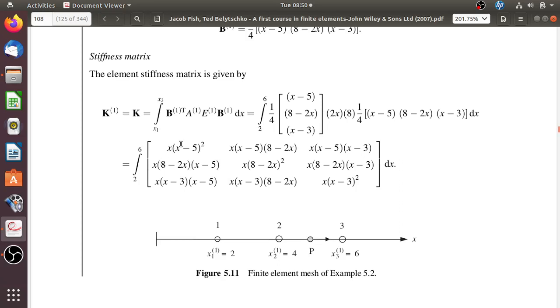If you see here, what is the highest order of x? In all these equations, we could see the highest order of x is 3. So everything is a cubic polynomial. In that case, I have to come up with a Gauss quadrature procedure which could give an exact solution for a cubic polynomial.